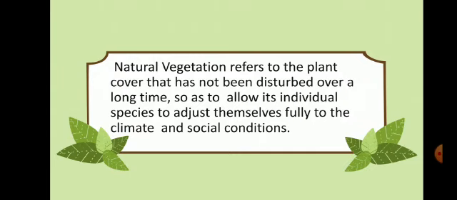Natural vegetation refers to the plant cover that has not been disturbed over a long time so as to allow its individual species to adjust themselves fully to the climate and social conditions. So you can see grasses, shrubs and trees grow by themselves without any interference and form natural vegetation.